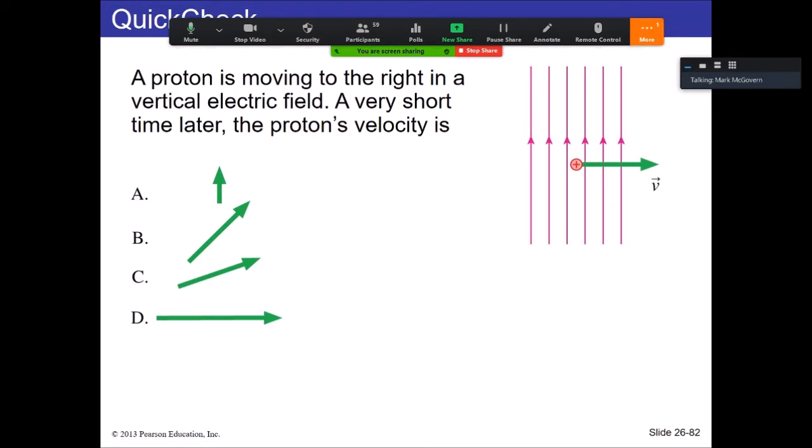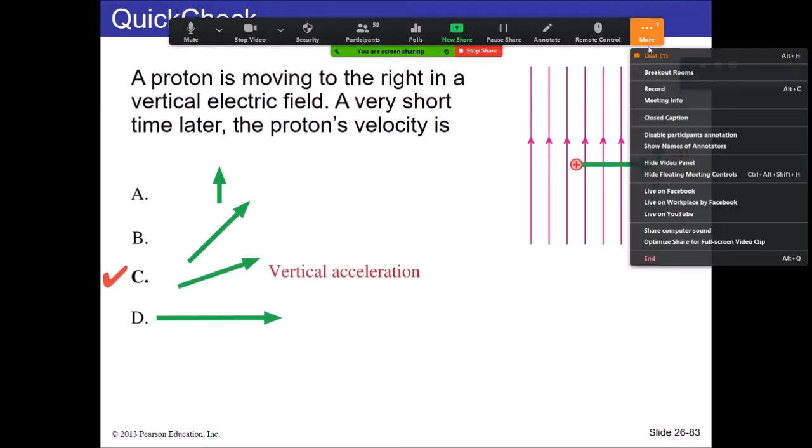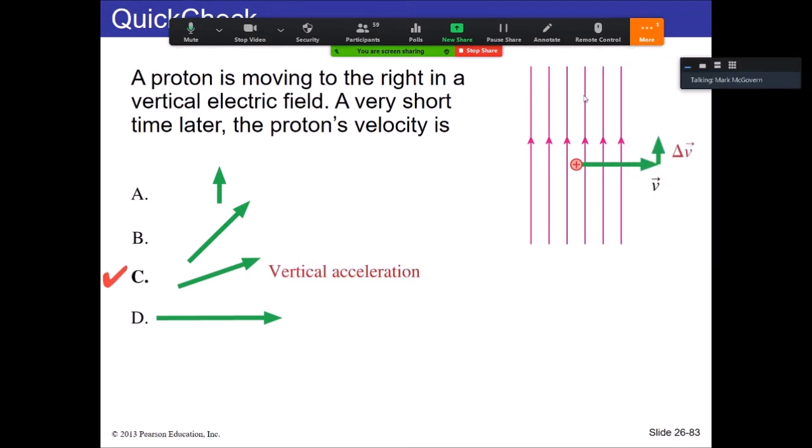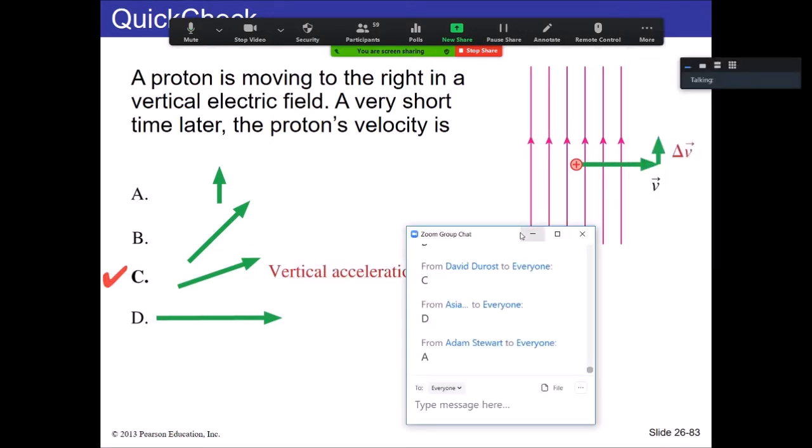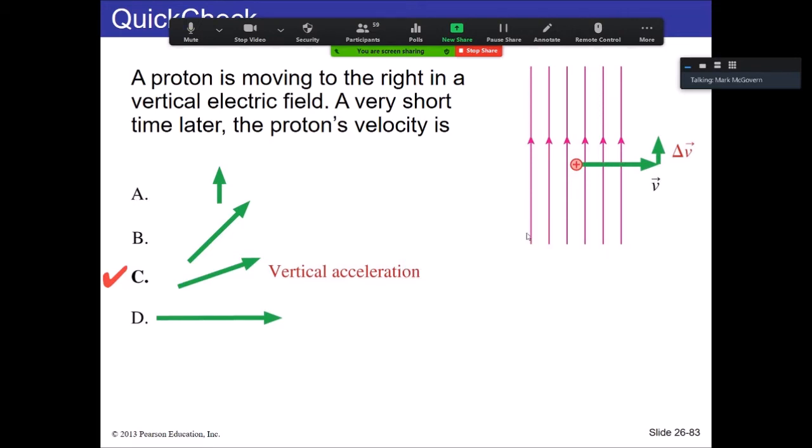The answer here is going to be C. Now you say, what's the difference between B and C? In this question, this particle experiences a vertical acceleration, not a horizontal one.